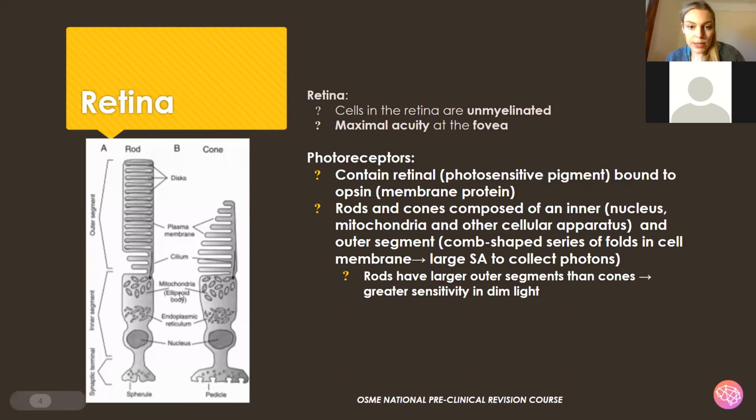Rods and cones are composed of inner regions, with the nucleus, mitochondria, and other cellular apparatus, and then the outer segment has these folds, which give a large surface area in the cell membrane to collect photons, which are really important for vision. Rods have a larger outer segment than cones, so they've got a greater sensitivity in dim light, and that's not the only difference between them.